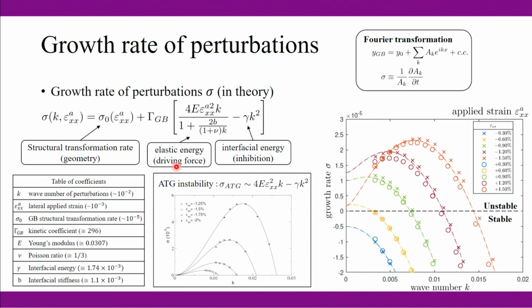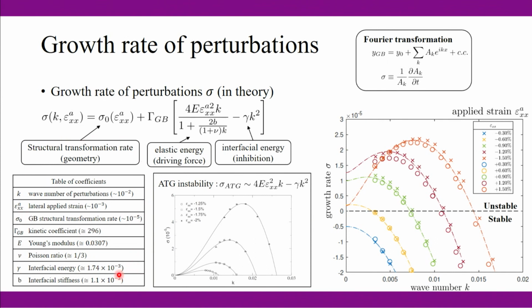So just to give you more detail, if you want to reproduce the simulation, here are the expected simulation parameters, the elastic properties of the triangular lattice we are measuring, the surface energy, the interfacial stiffness, things like that. I'm putting that here.